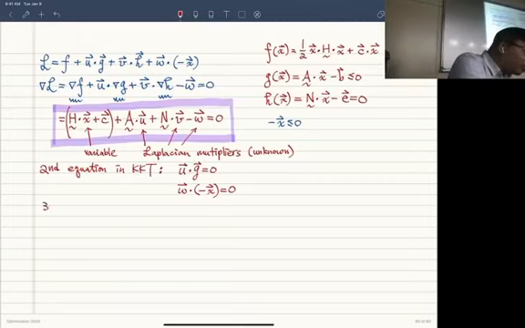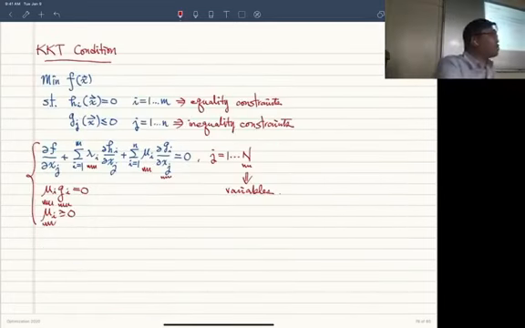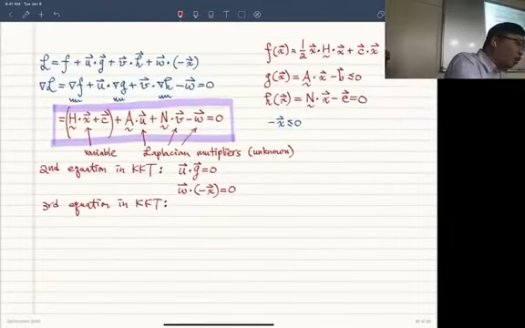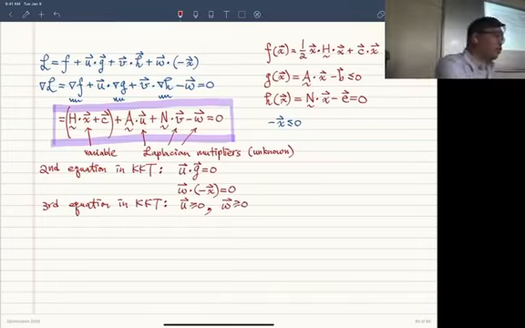How about the third equation in KKT? The third equation in KKT tells us all the mu must be positive. So what are the mu's? Basically, u positive and w positive. These are the conditions.